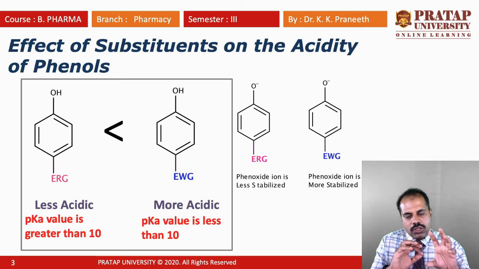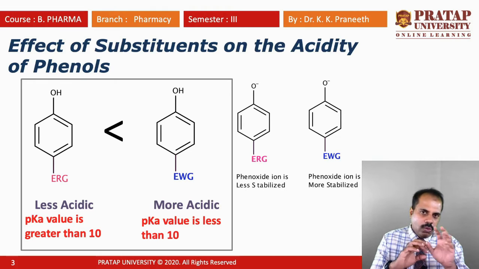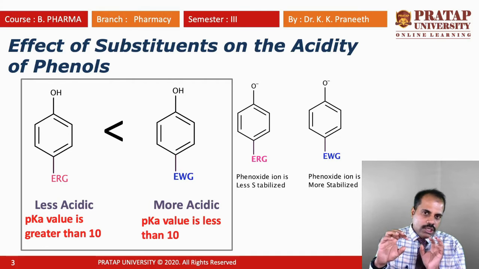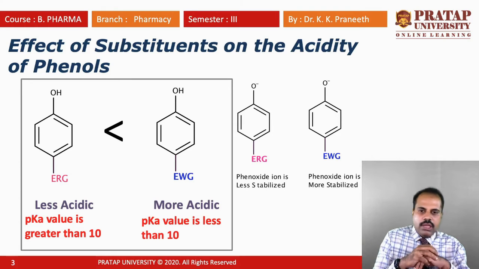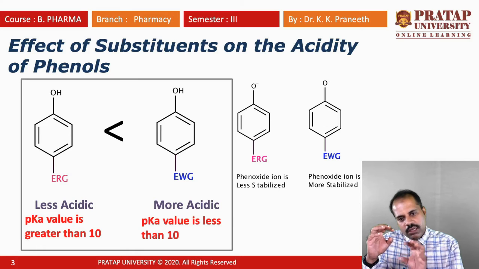The phenoxide ion is more stabilized in the case of an electron withdrawing group, because in the phenoxide ion, oxygen is already having a negative charge. If you install an electron releasing group, it will release electrons, so it will destabilize this phenoxide ion.